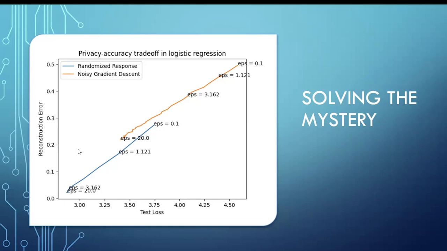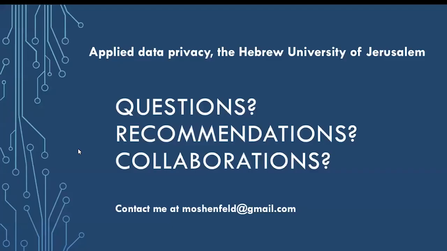Because we have other experiments that show the randomized response is relatively close, maybe we just have a very loose bound, and this is a way to indicate how loose that bound is.